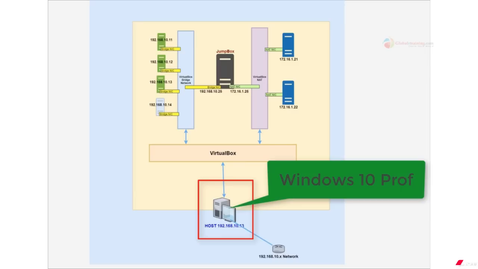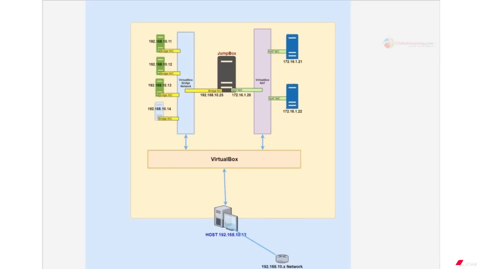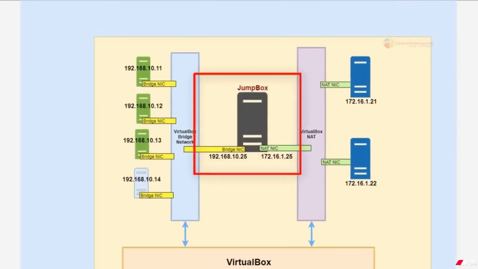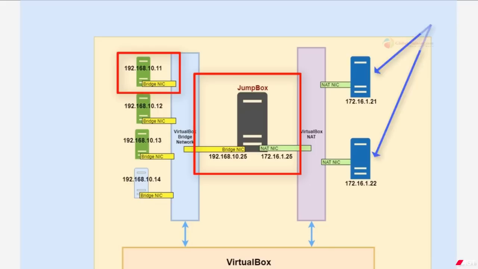The jump box in the middle acts like a middleman. Say we are on 192.168.10.11 machine and we need to connect to a VM on the NAT network.